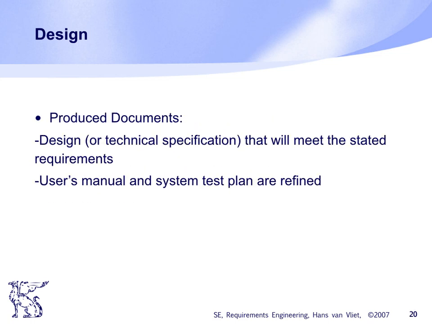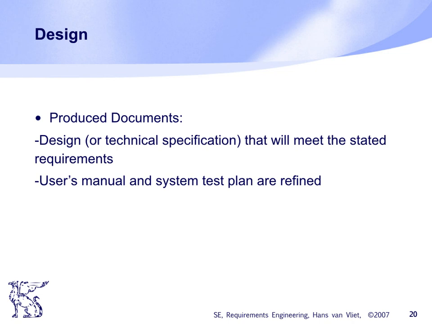So what will be the produced documents in this design phase? It will be a design documentation. If we talk about software development for a large system, then the system is likely to be complex, right? And then we need good design documentation.